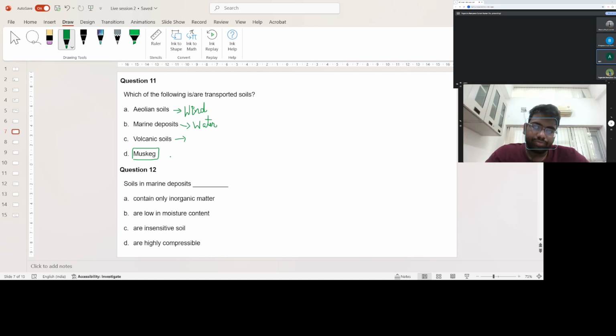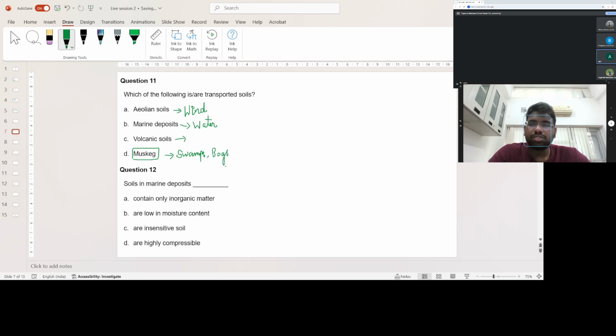These deposits are heavily organic rich, and they are waterlogged to a maximum extent, since there are no proper drainage conditions for the water to flow. To an extent, it is like swamps, and you can say bogs also.